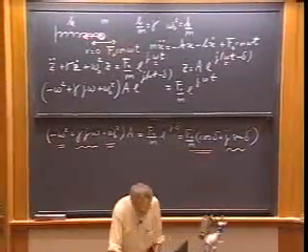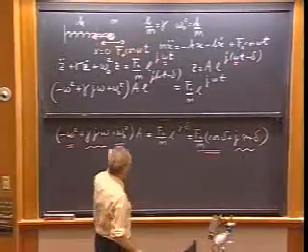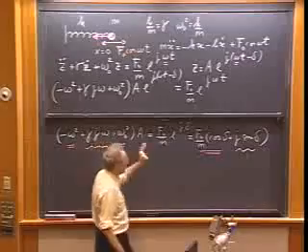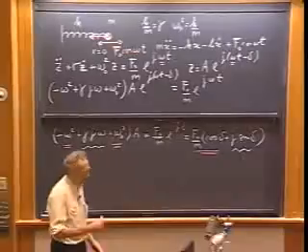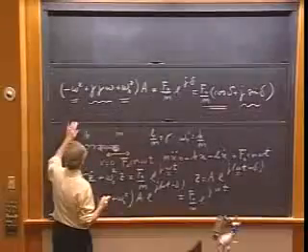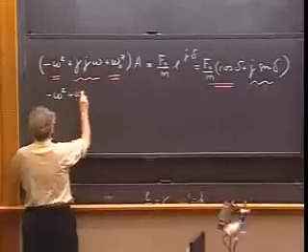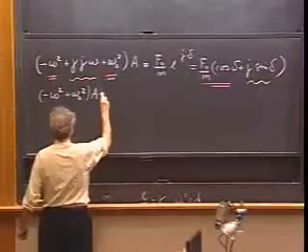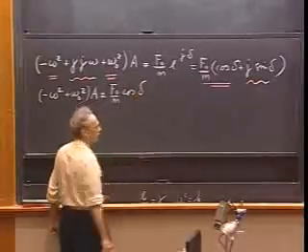And so for this equation to always hold at all moments in time, the apples on this side must be equal to the apples on that side, and the oranges on this side must be equal to the oranges on that side. So it looks like one equation, but it really is two equations. So we now get that minus omega squared plus omega 0 squared, times A, must be equal to f0 divided by m times the cosine of delta.